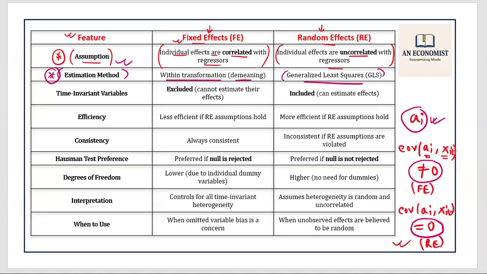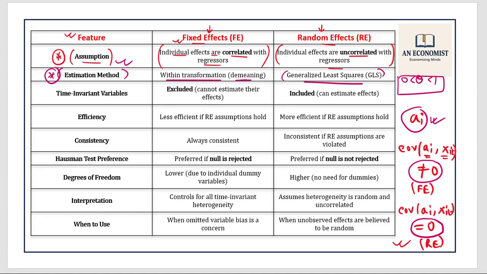If you remember, we took into account a parameter, a constant, which lies between 0 and 1. Using this parameter, we transformed our model. On the transformed model, if you apply generalized least squares, that gives you consistent estimates under the random effect.